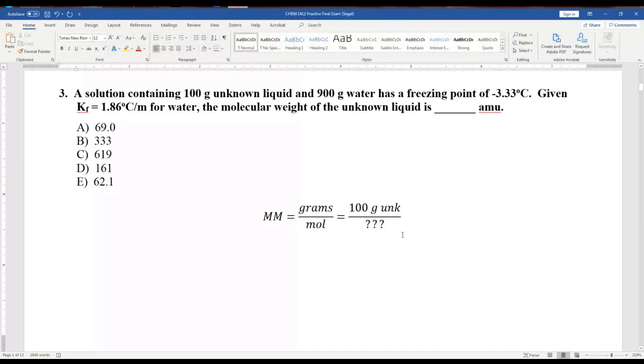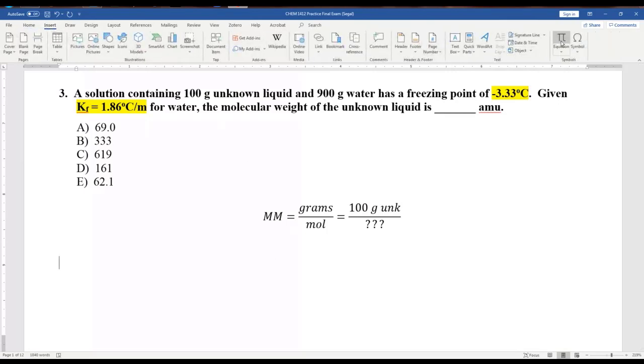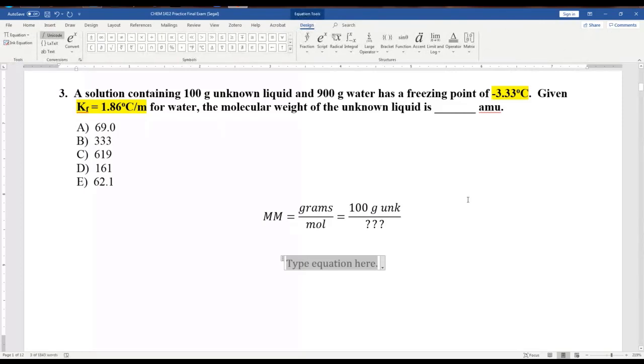So there's no way to solve for the moles of this directly. However, I do see I'm given another useful piece of information here in that it shows me that the freezing point is negative 3.33. It also happens to make note of the fact that the freezing point depression constant is this. From this, you should surmise that the freezing point depression equation is likely going to be needed here. So, what is the freezing point depression equation?